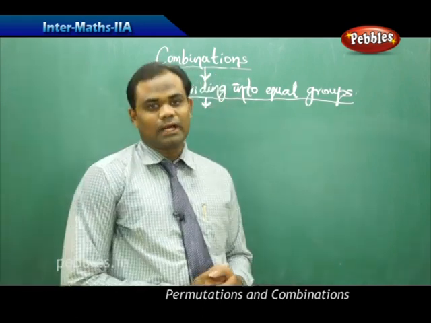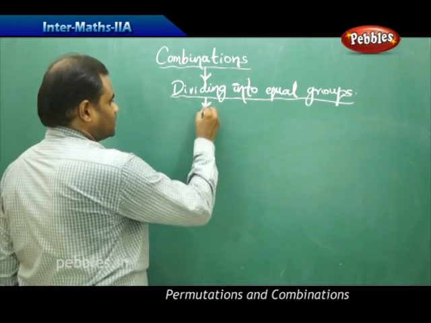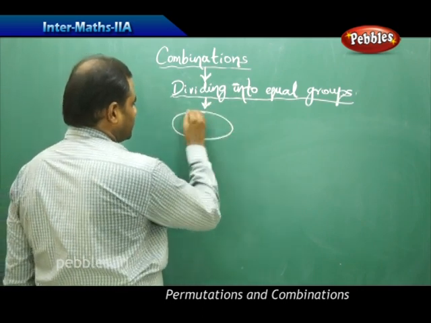Now suppose I have a case wherein the original group there are mn things.